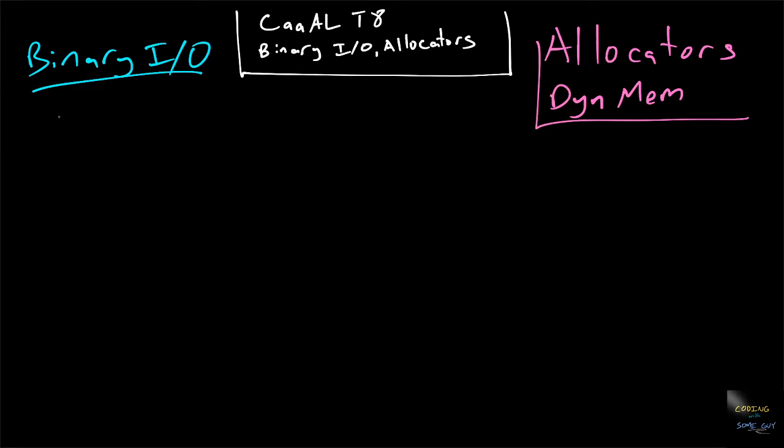For right now, we did a little bit of binary IO, and do you remember how we opened files and got references to them? That was the week before, it's been a little while.